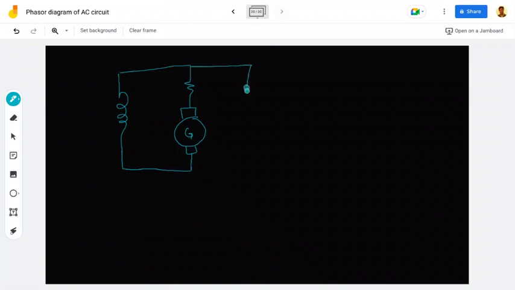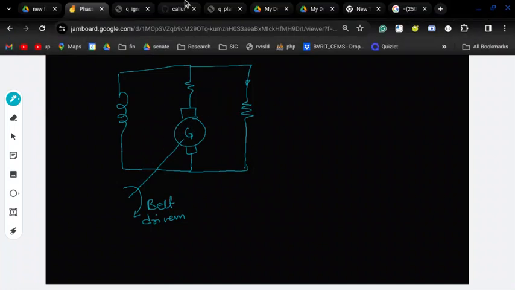Because it is a generator, the output will be electrical, so there will be a resistance load which will take some current. They are saying that it is belt driven, which means some mechanical input is being sent into the generator, where it converts to electrical and supplies to the load.